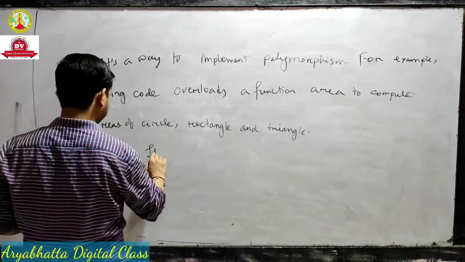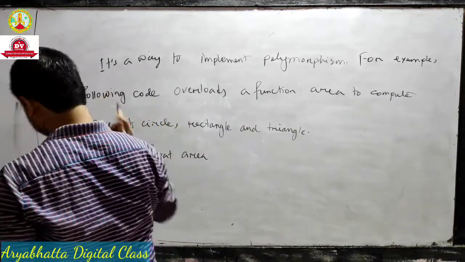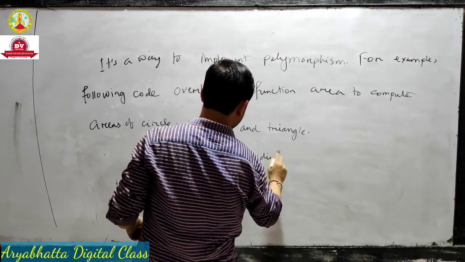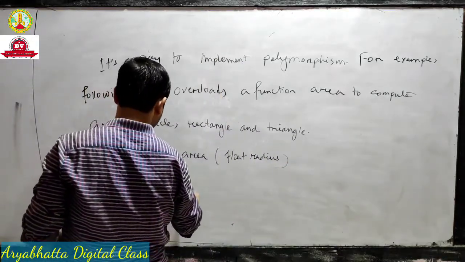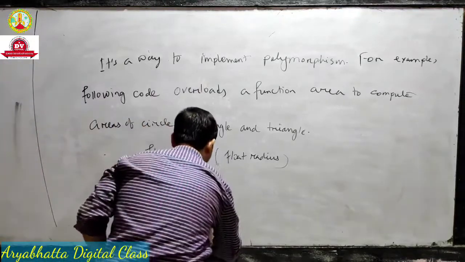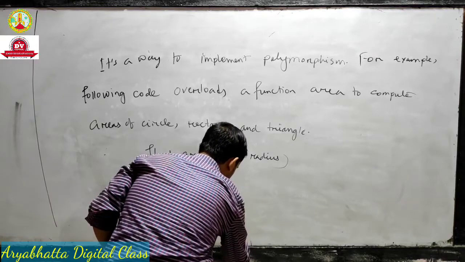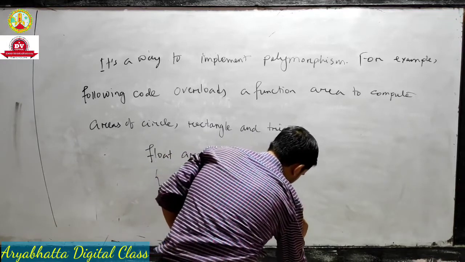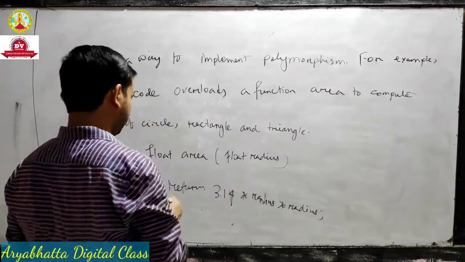and below you write float area, float radius, return 3.14 * radius * radius.